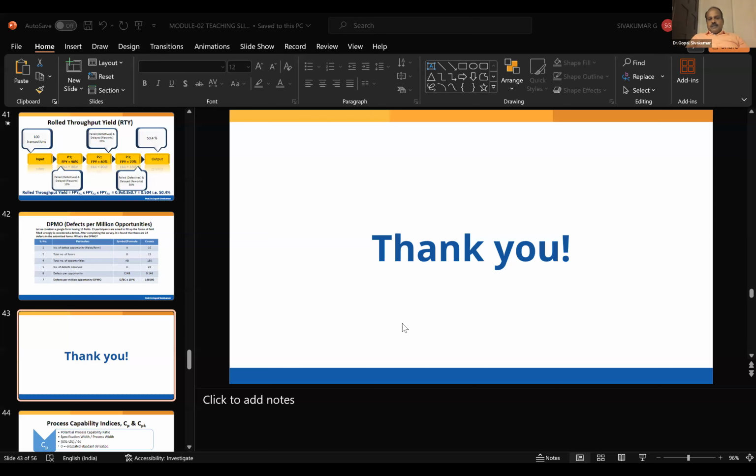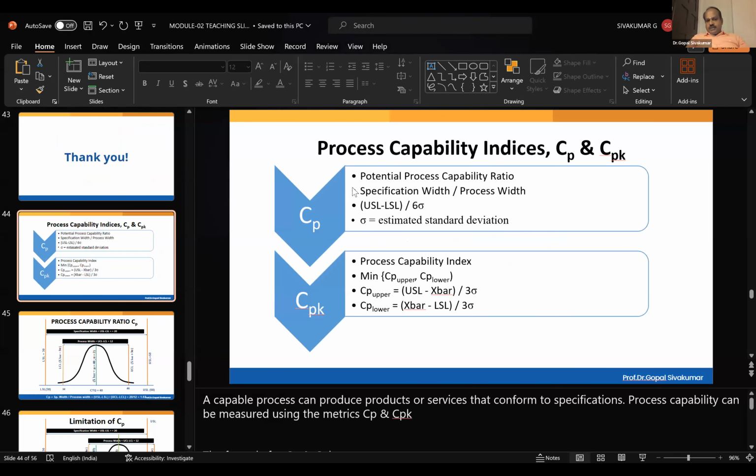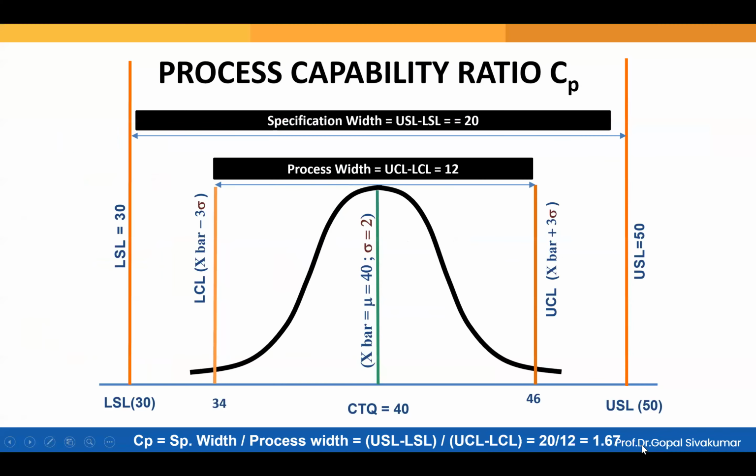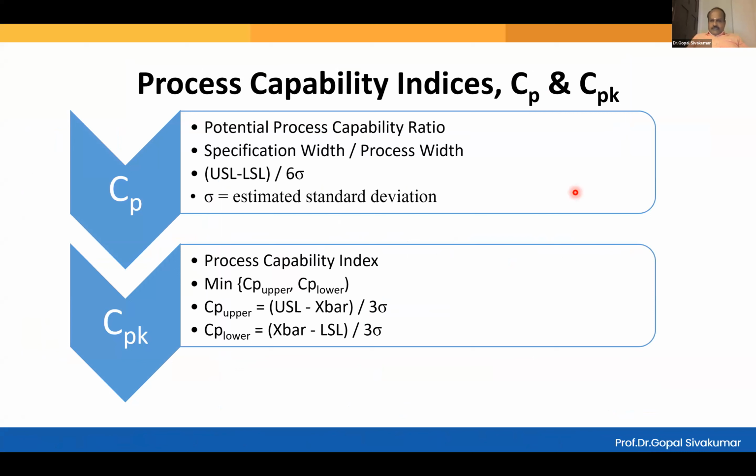Now, this might look a little difficult, but actually it is not. Maybe by paying attention with a little more care, you can easily understand Cp and Cpk also. Cp and Cpk are widely used in manufacturing industries, but they are applicable in other industries as well.